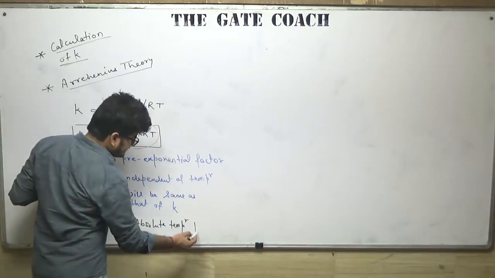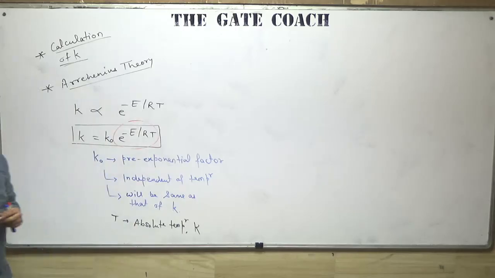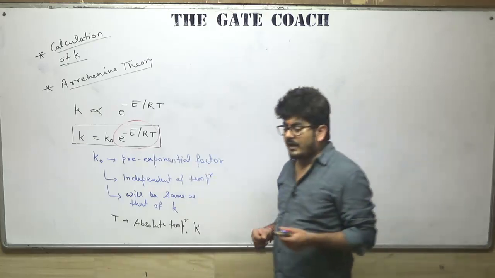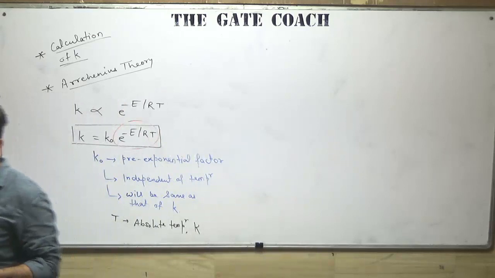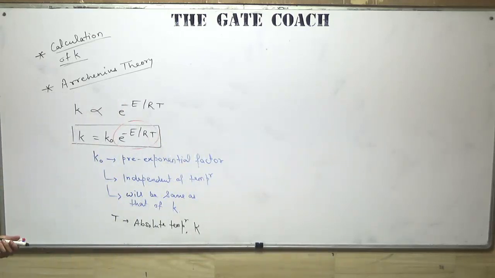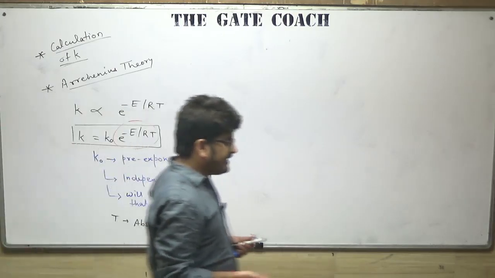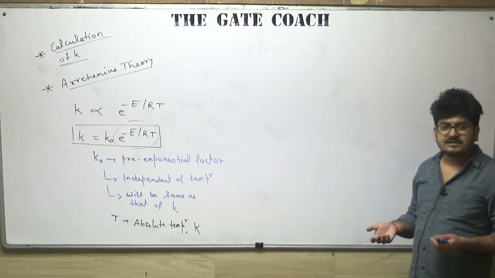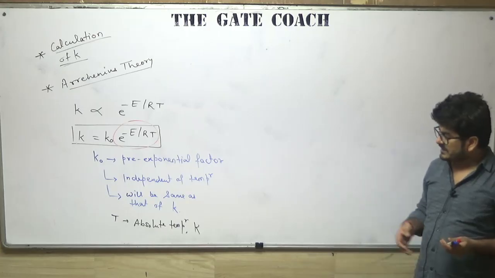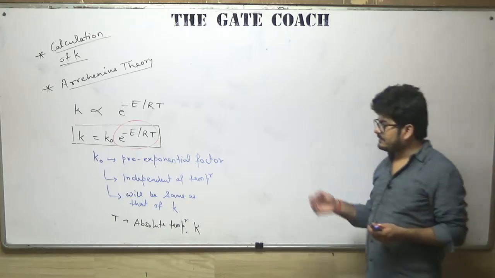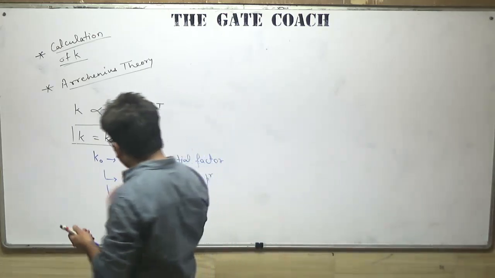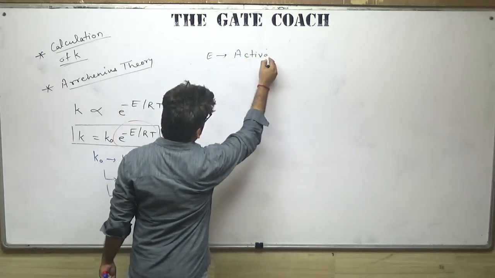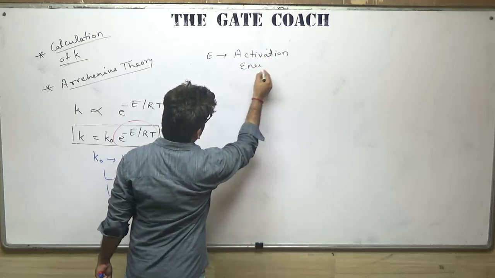And absolute temperature means it is defined in terms of Kelvin, as Kelvin is the one temperature scale which starts from the zero, and since it starts from the zero, 0 Kelvin is considered as the reference point, datum point in thermodynamics, in everything, in heat transfers as well, and so the Kelvin scale is considered as the absolute scale, and this temperature is the absolute temperature. And E is called activation energy.